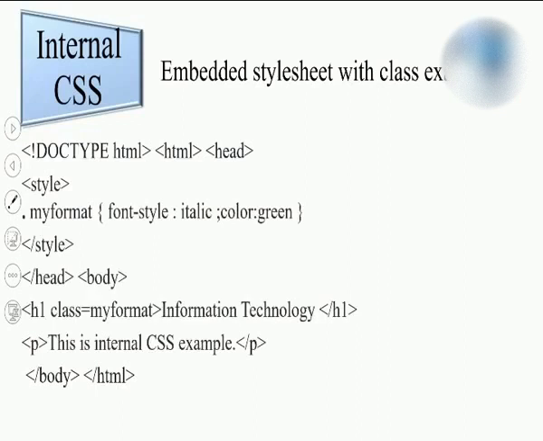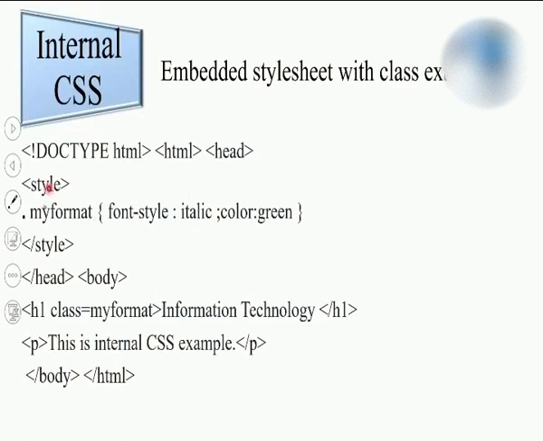In question number 8A, for your theory online examination, the question may come to give a specific font or specific format for any paragraph or any text by using internal CSS. So to apply internal CSS by making use of the class, you can try out this code.